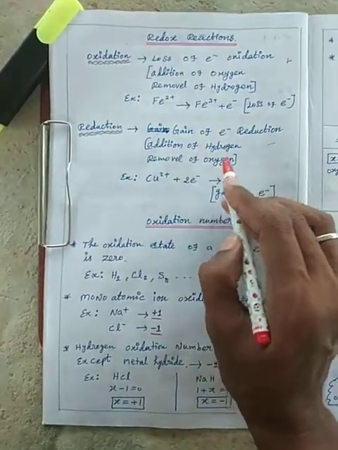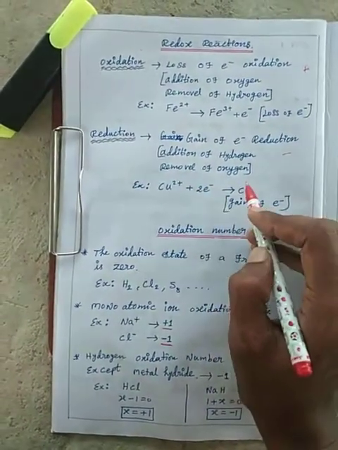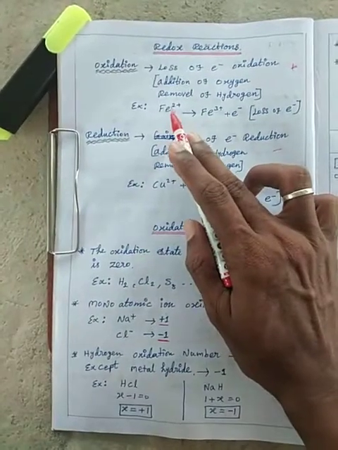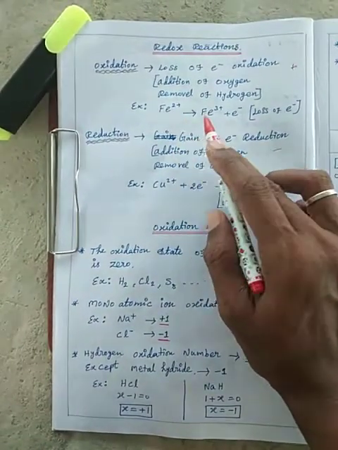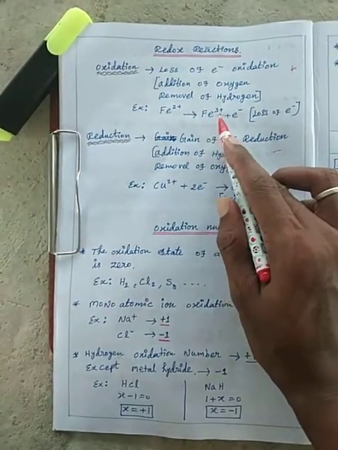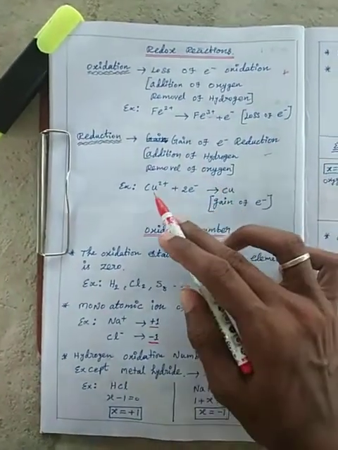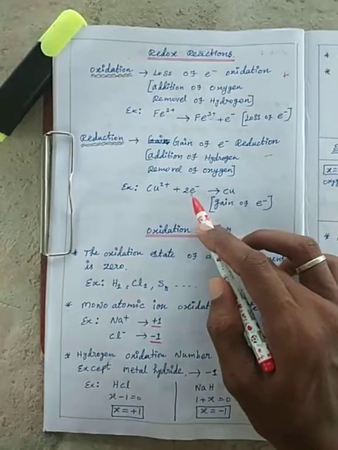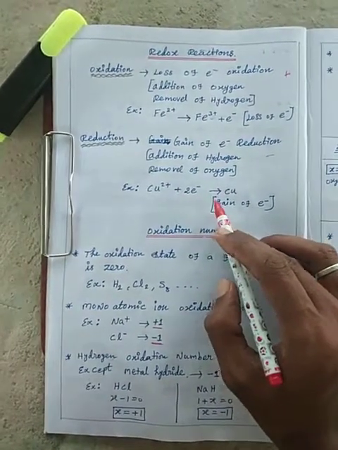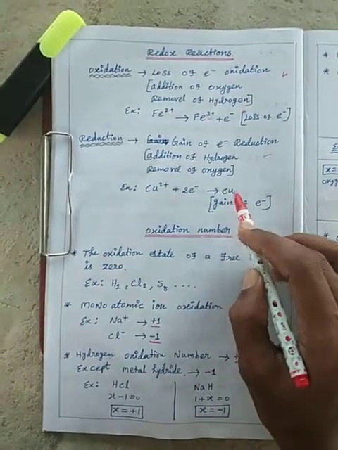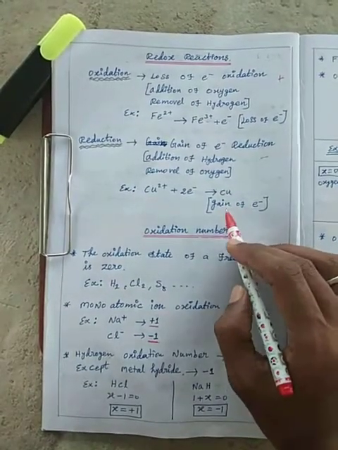Reduction is addition of hydrogen or removal of oxygen. For example, Fe2+ loses one electron, its oxidation state increases, and it becomes Fe3+. Copper 2+ gains 2 electrons, and the product is copper in its aqueous state, so it is a gain of electrons.